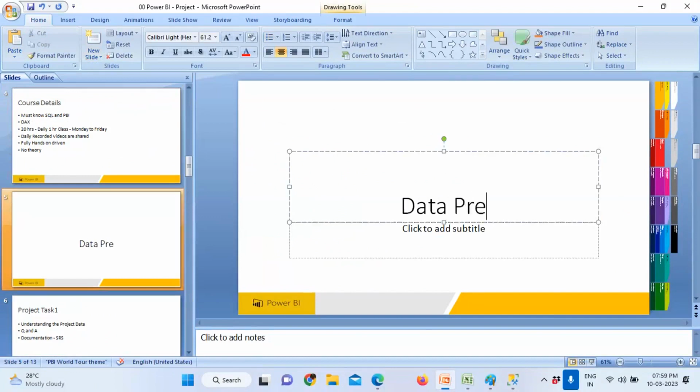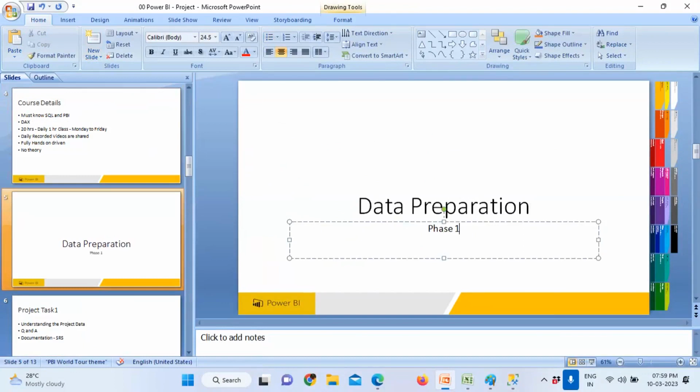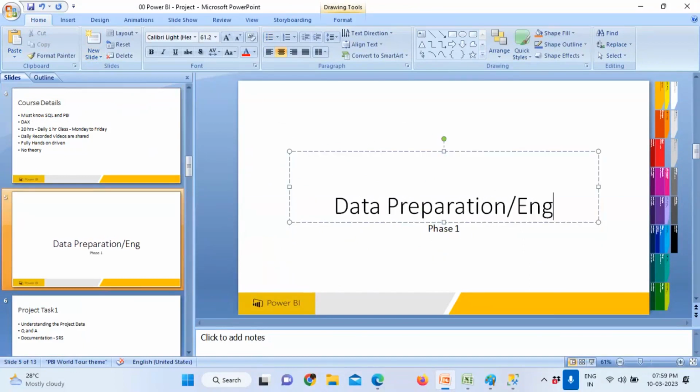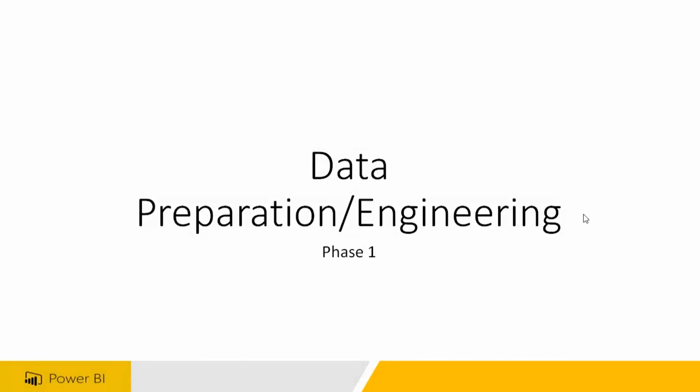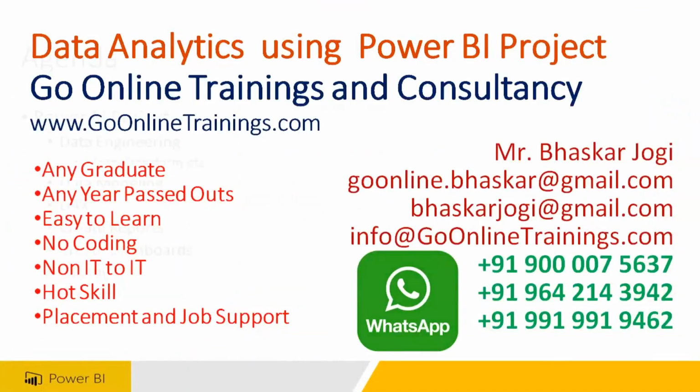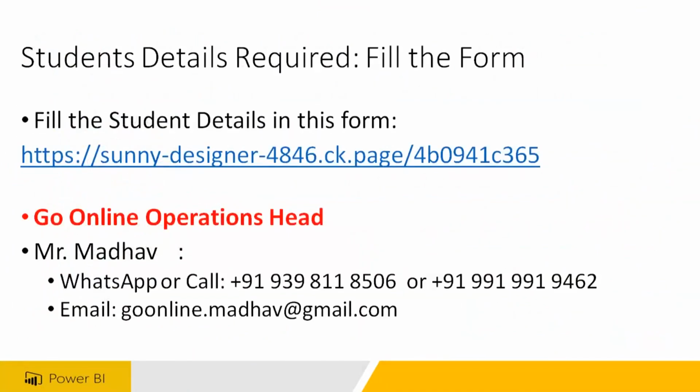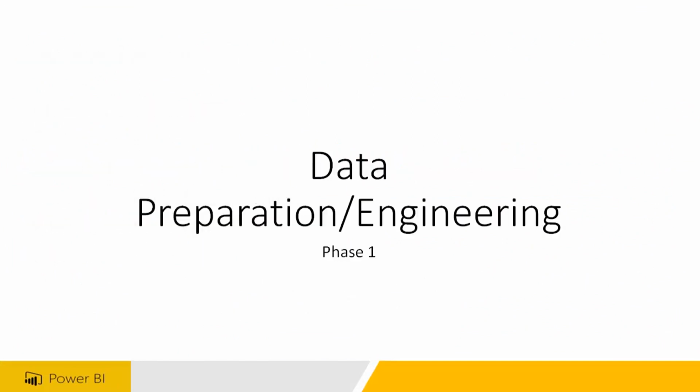Data preparation is the phase number one for the project. You need to know that data preparation and data engineering are the same thing. So once data preparation is done, data engineering is done, then we'll go to phase number two.